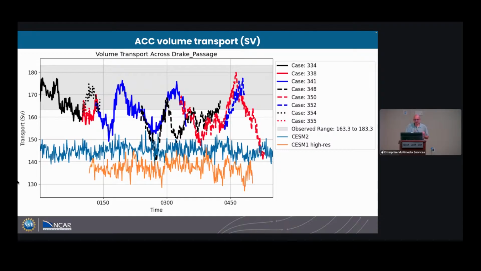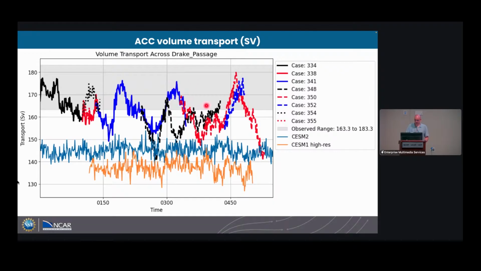And we've been trying very hard to get rid of it. If you look at case 348, the black dashed, it is the one that is oscillating the least, and that one is still going. So I'm hopeful that we'll have something more stable on that run.